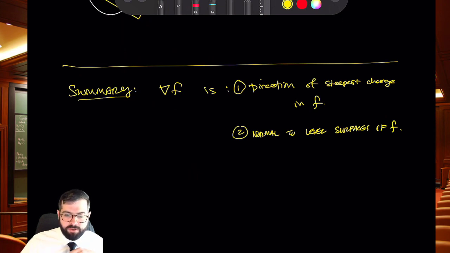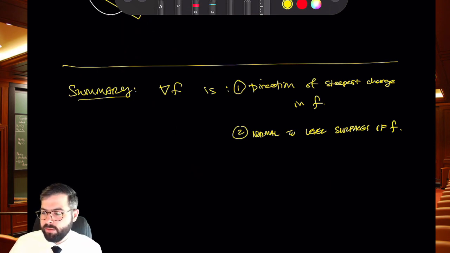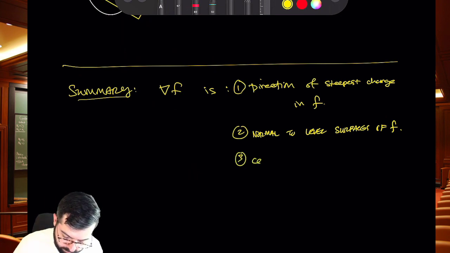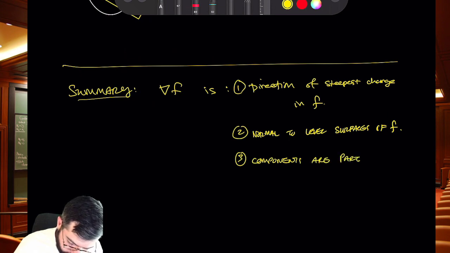Great. Oh, and I had some in the chat too. Yes, direction of maximal change. Absolutely. What else? Its components are the partial derivatives of the input space, right?